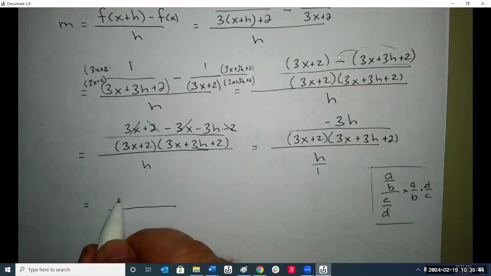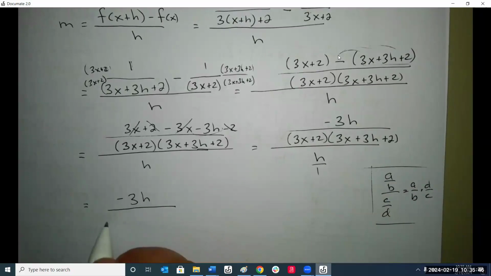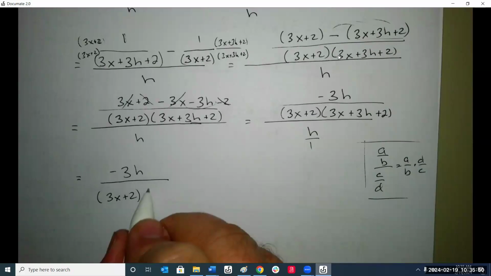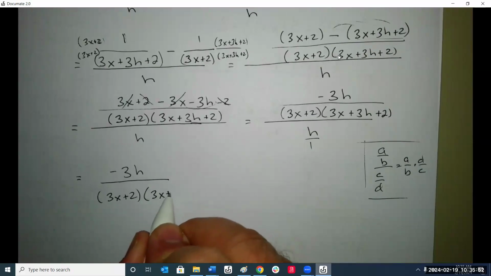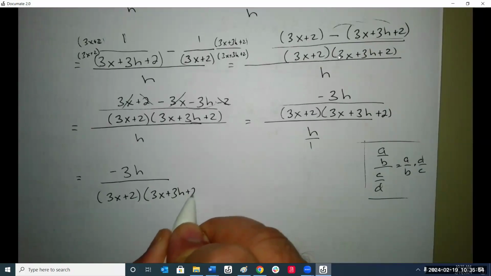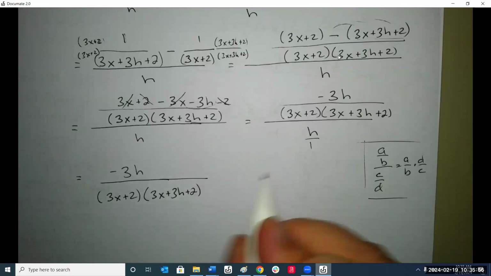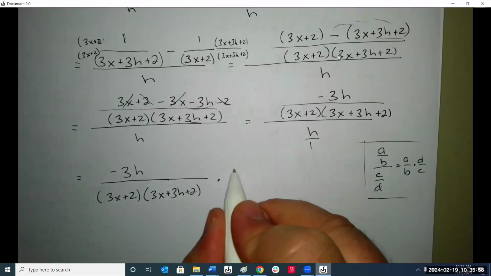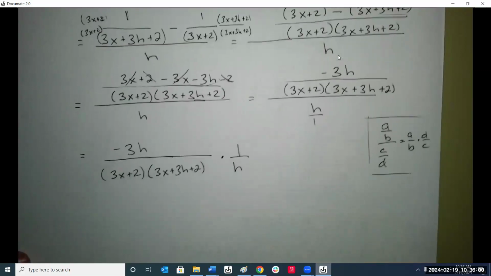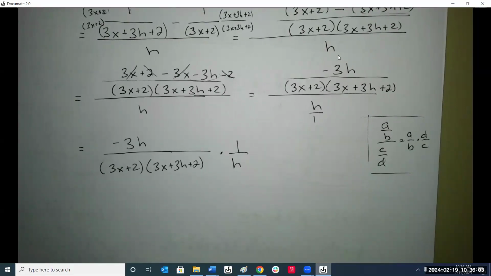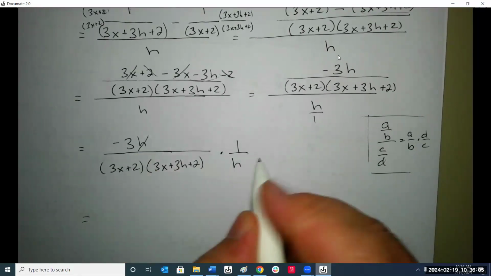Leave the top alone, negative 3h over 3x plus 2 times 3x plus 3h plus 2, times flip the bottom. H's cancel.